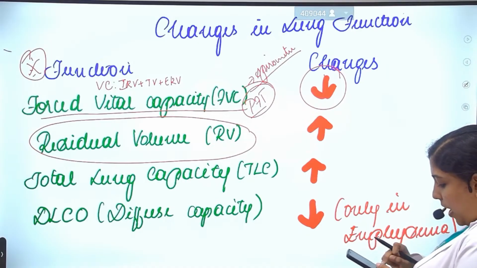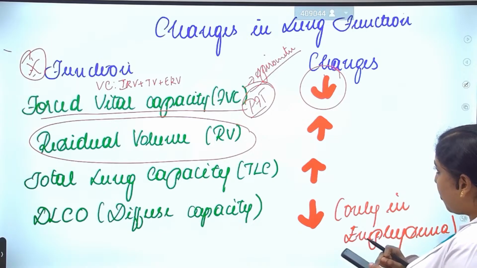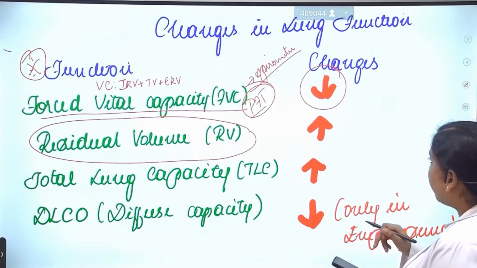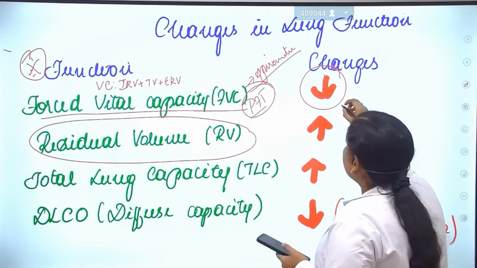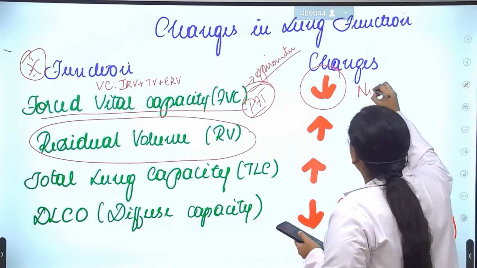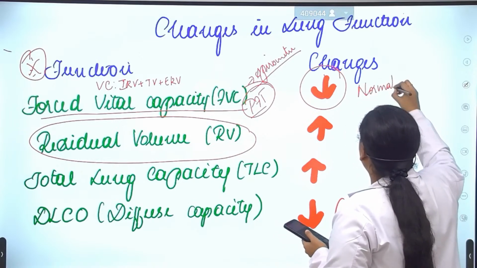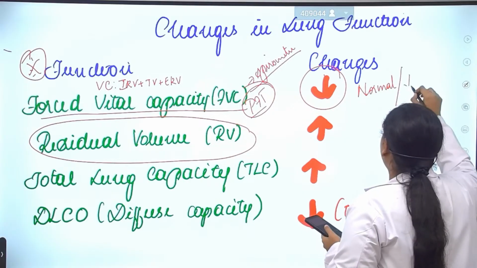Yes, barrel chest is seen in COPD. The forced vital capacity is sometimes normal or sometimes decreased. It is always variable.